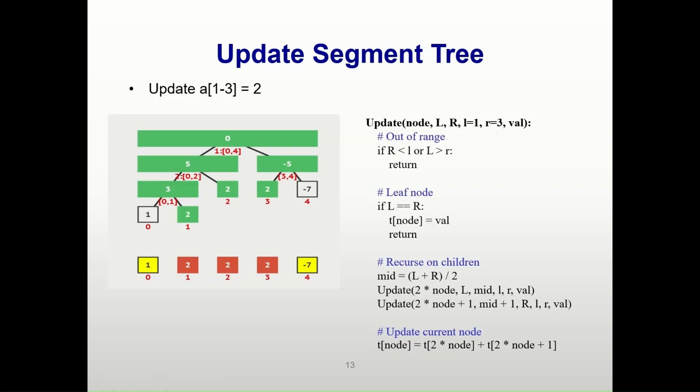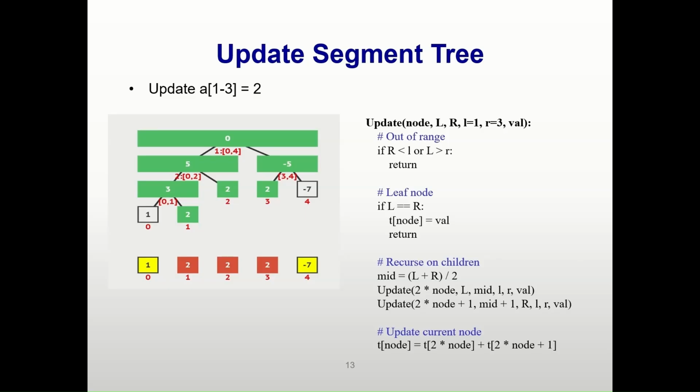For example, suppose our array is 1, 3, minus 2, 8, minus 7, and we want to update the range from 1 to 3 with value 2. This function skips segments that are outside of 1 to 3. For segments that overlap, it goes down until it reaches the leaves within 1 to 3 and sets them to 2. Then, on the way back up, it recomputes the parent sum.